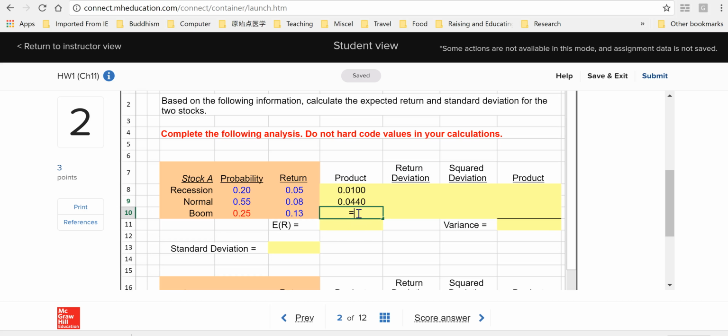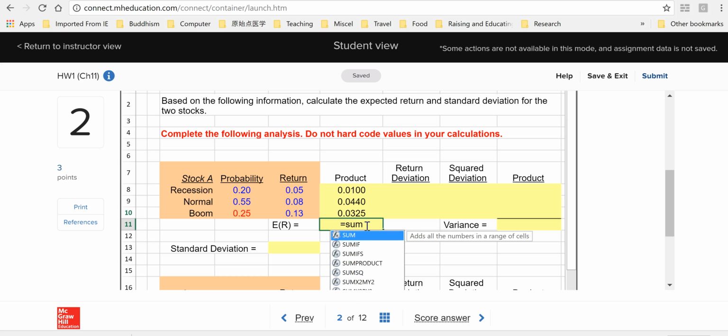Under the boom state, you multiply the probability times the return, that's D10 times E10, and that gives you another product. Then you sum up these three products, and you get the expected return for stock A.